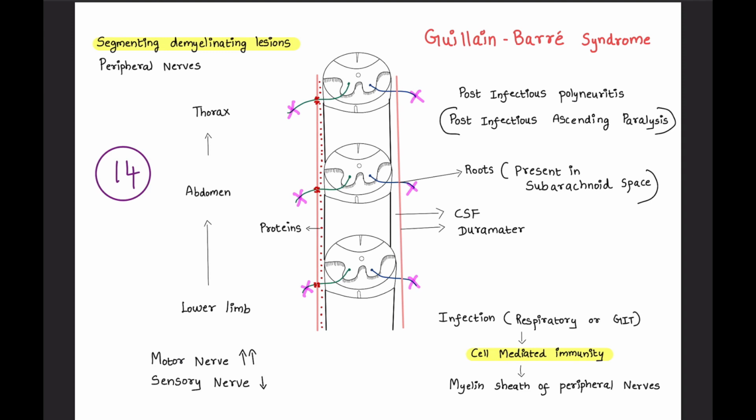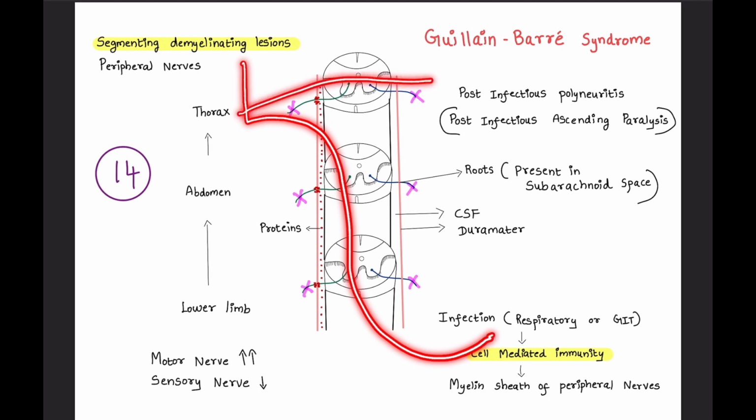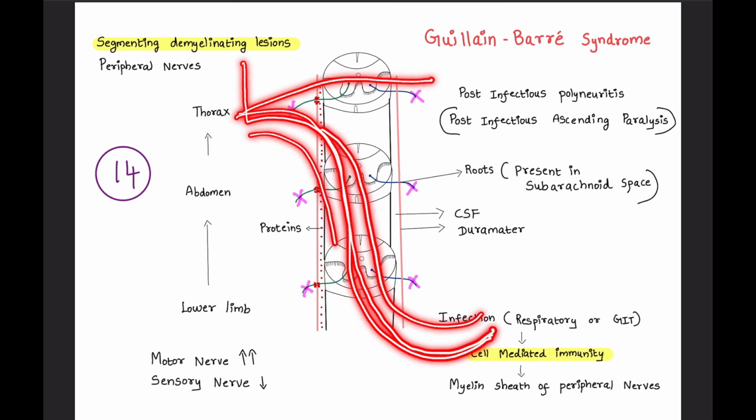Also note that the nerve fibers coming from the spinal cord going to your lower limbs are longer than the nerve fibers going to your upper limb or your upper body. If the nerve fibers are very long, then these nerve fibers will also have a rich myelin sheath, that is the protective covering of the nerve. If there is a rich myelin sheath, the microorganisms will attack the rich myelin sheath nerve fibers first.